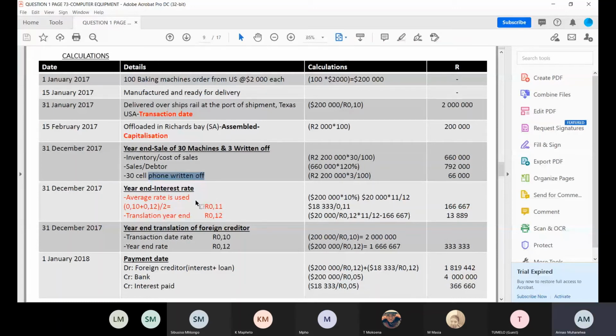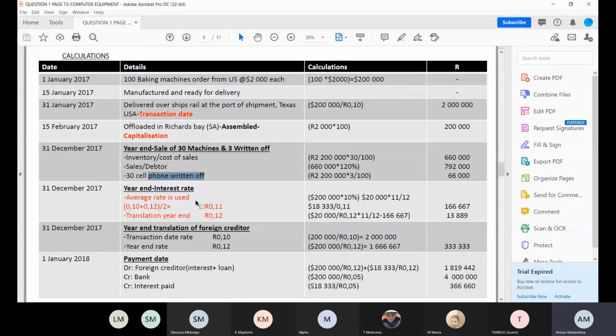Then that is the journal we need to process. So when we're dealing with the interest, the interest is going to increase the loan. Think about it. If you go and borrow money, 200,000, and come year end, in this case, you're charged interest of 20,000, for example.